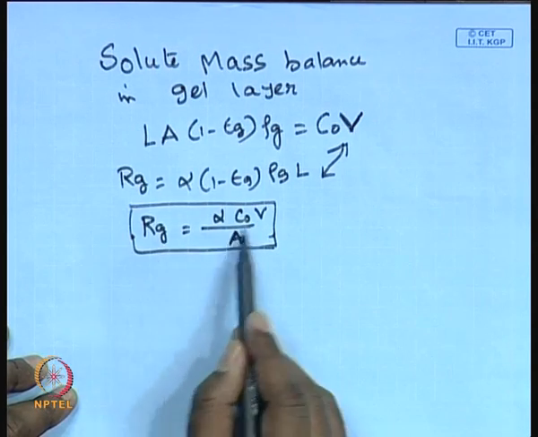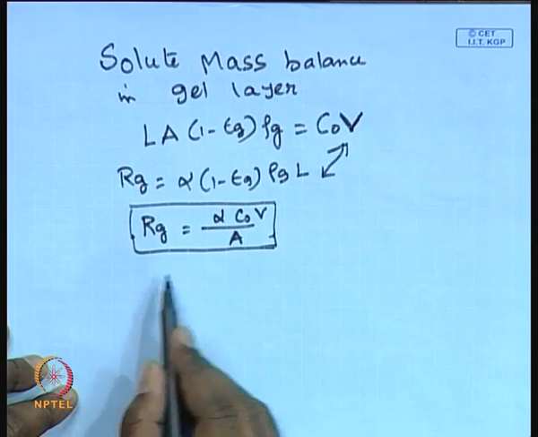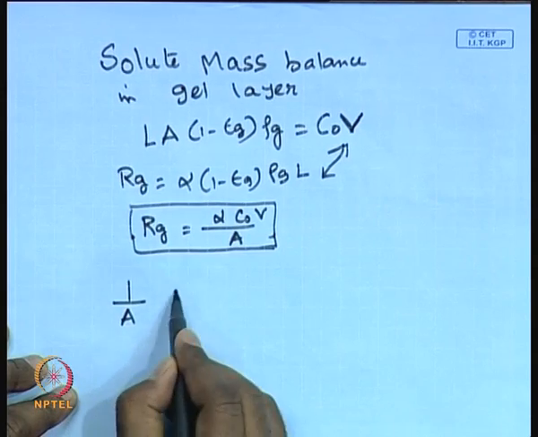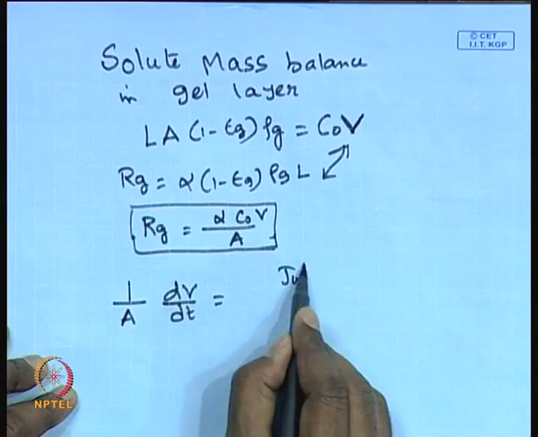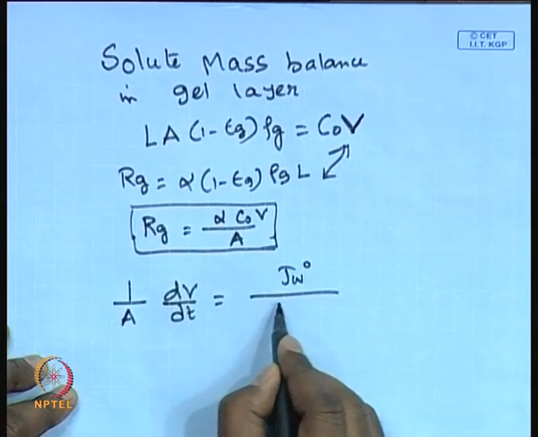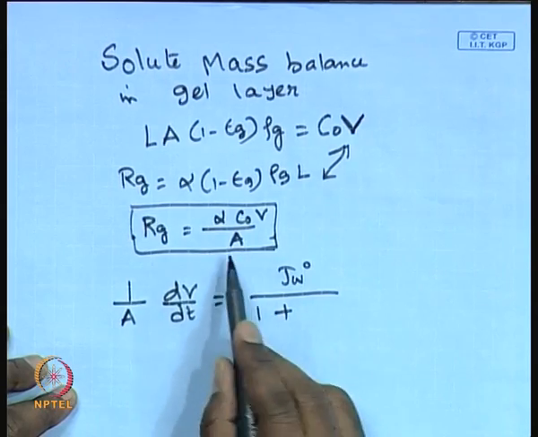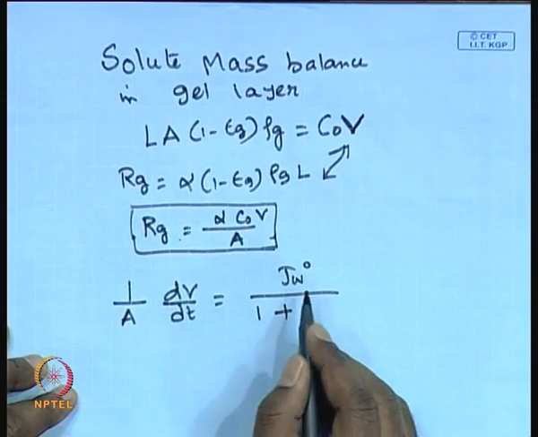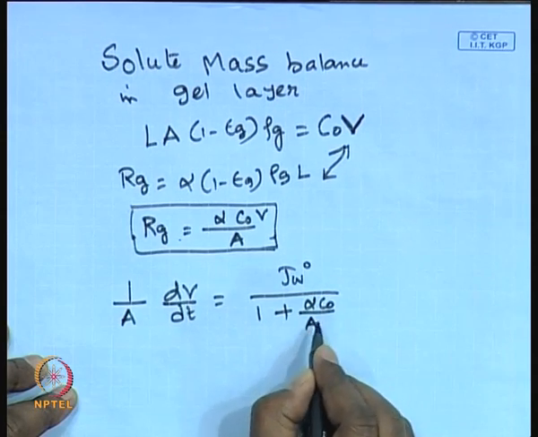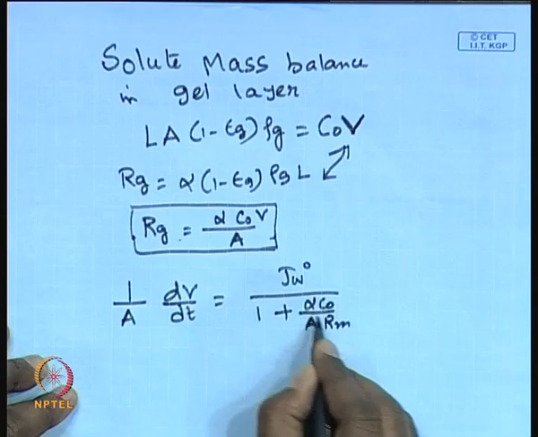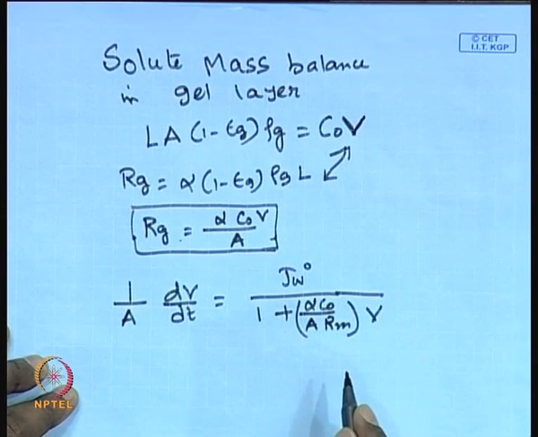Now, I am going to put this in the phenomenological equation that we have derived earlier. If you do that, you will be getting 1 by A dV/dt is equal to JW0 divided by 1 plus Rg by Rm, right. I am going to write Rg as this. So, you will be getting alpha C0 by A Rm times V, right.